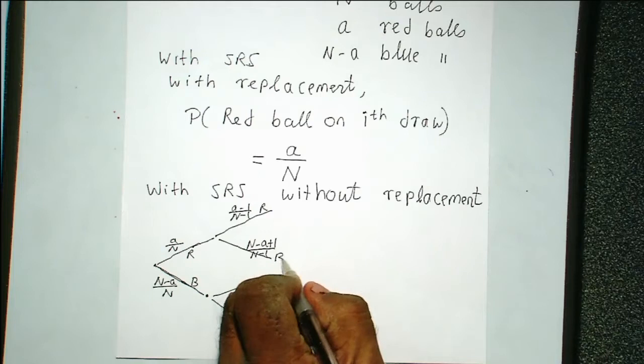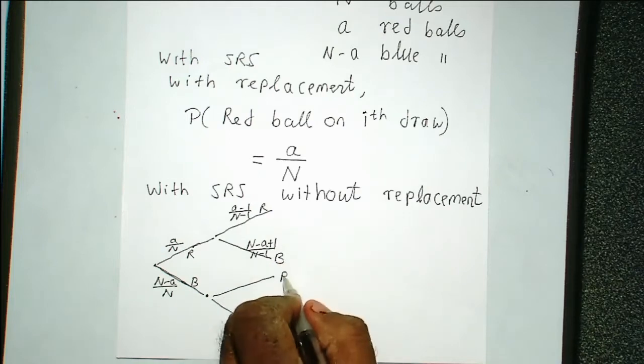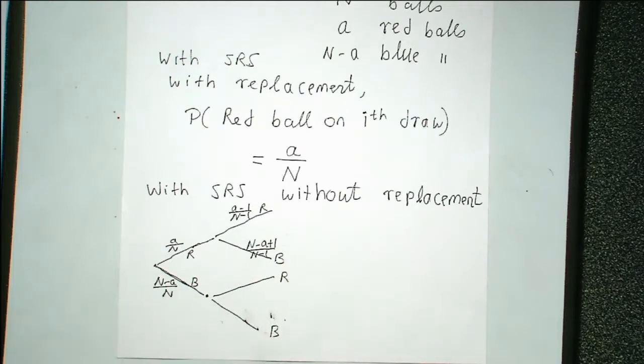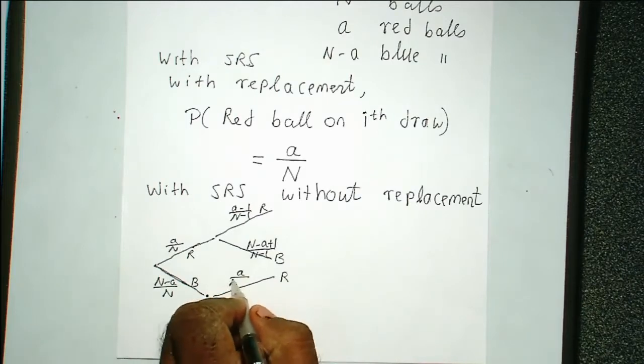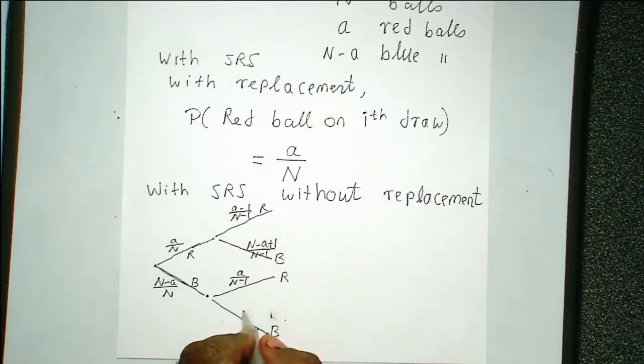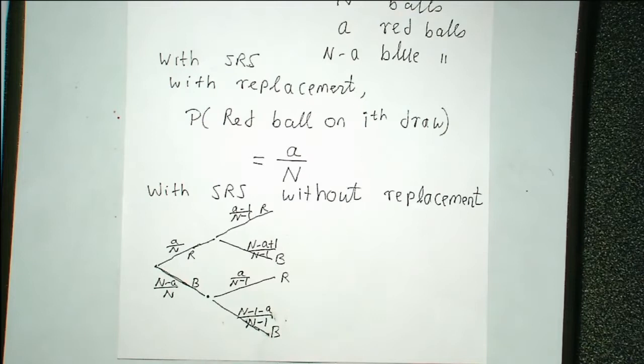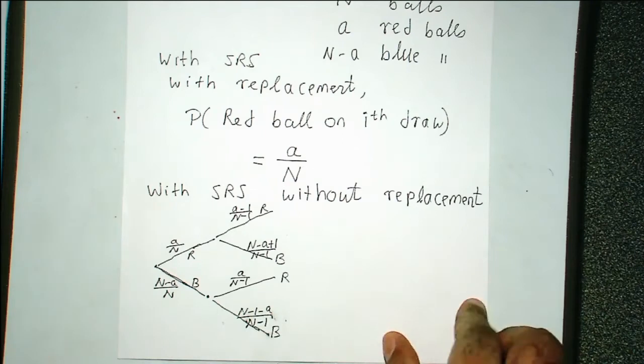This is for blue, and this is red, blue. Now here you selected the blue, so you have A reds remaining out of n minus 1, and this would be n minus 1 minus A divided by n minus 1. So as you can see, with simple random sampling without replacement, the probabilities are different depending on the row: on the first row, the probability of getting red is A over n, and on the second row, the probabilities are different.